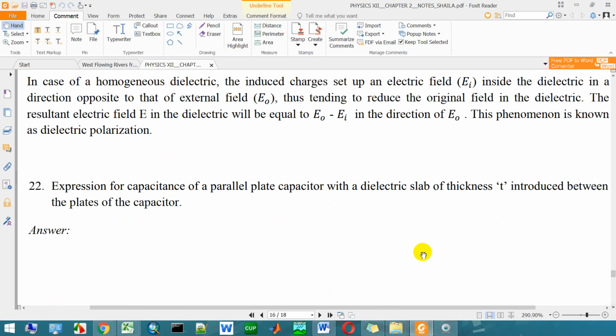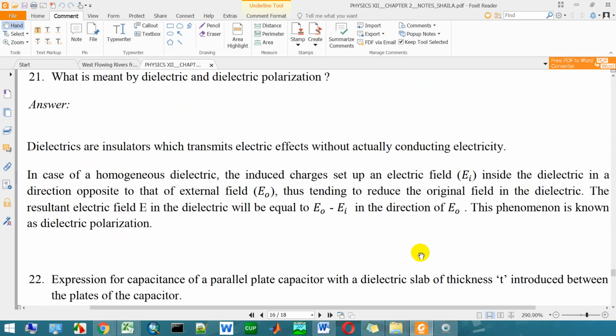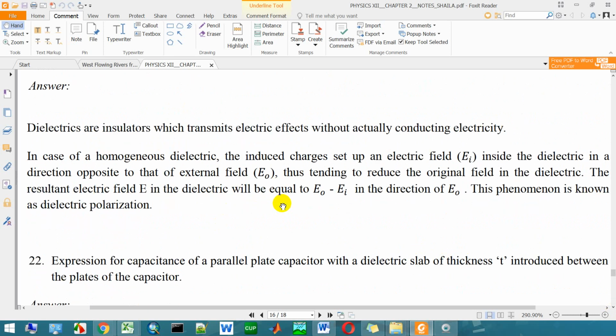So this is about the very important topic of dielectric and dielectric polarization. Question number 22 is asking for finding the capacitance of the parallel plate capacitor with a dielectric slab of thickness t introduced between the plates of the capacitor.